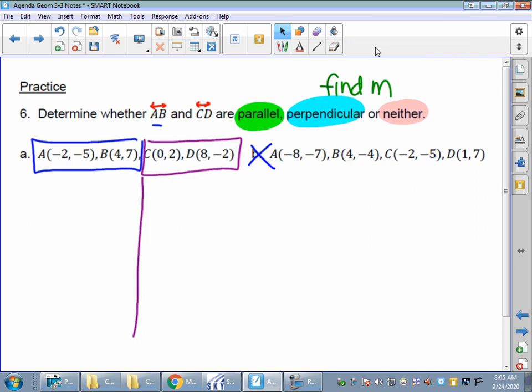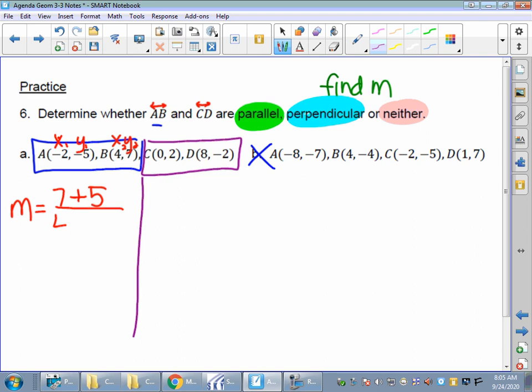So if I'm going to find the slope of line AB, I'm going to call this x1 and y1, x2 and y2. I'm going to do my slope formula, subtract the y's over subtract the x's. So 7 minus negative 5 and 4 minus negative 2. So that's going to be like a 12/6. Of course, everybody's going to simplify and tell me that that's a 2 or a 2/1.